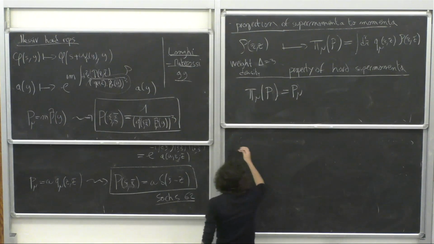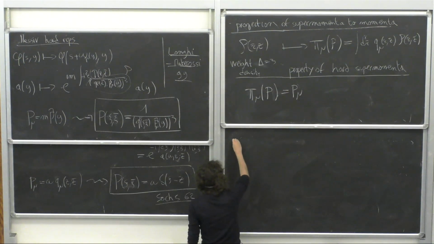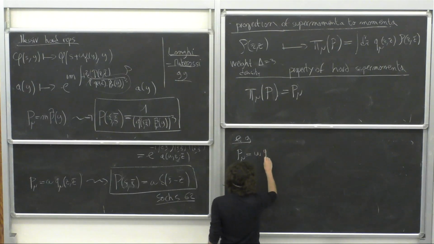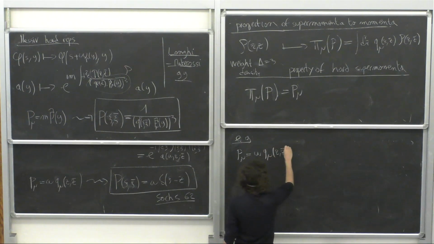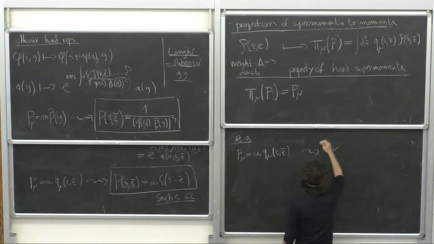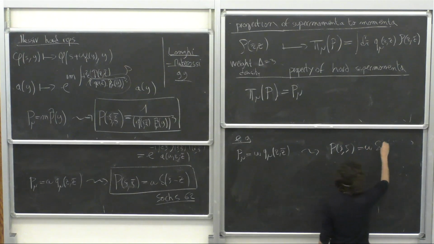So for example, you start from p^μ, it's massless, so you can write it as ω q^μ of z bar. You construct the supermomenta, curly P, well, P of ζ bar equals ω δ(ζ − z).